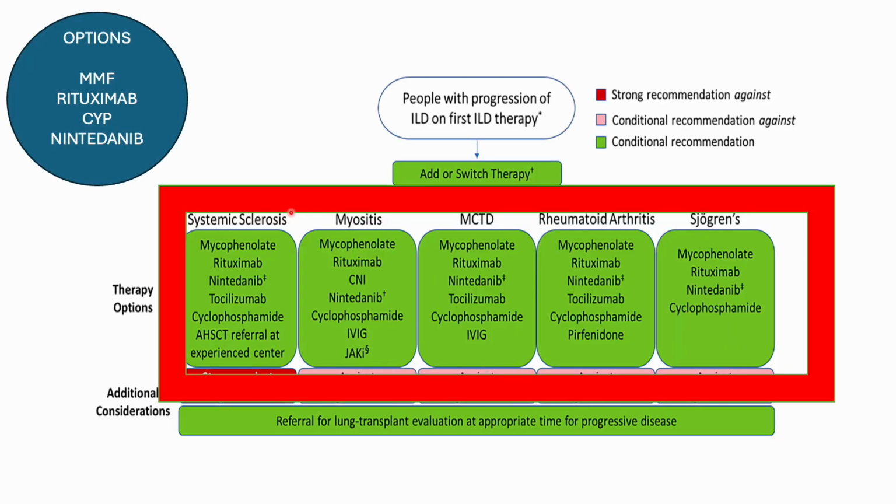So broadly, what are the options we have in ILD which is progressing despite therapy? You add or switch to MMF, rituximab, cyclophosphamide, and nintedanib addition, or pirfenidone in case of rheumatoid arthritis. These are the options one has.